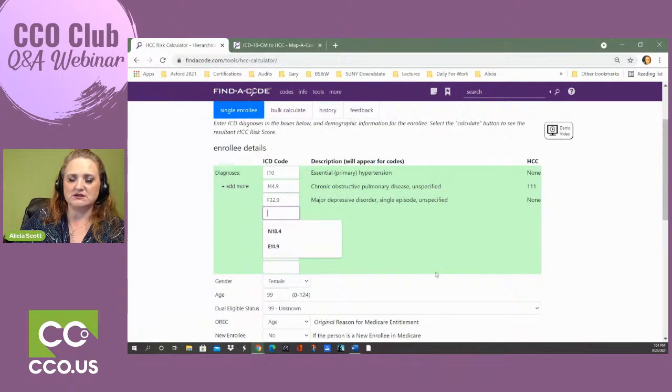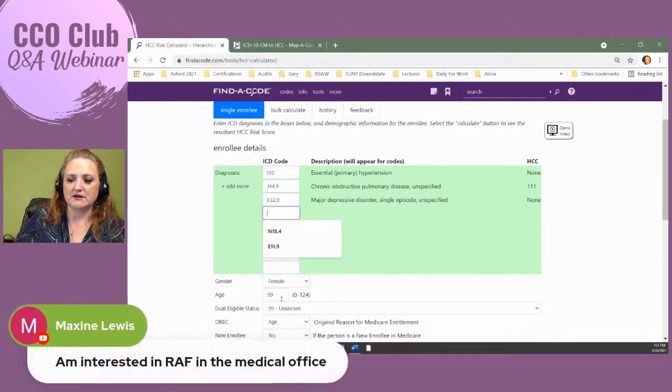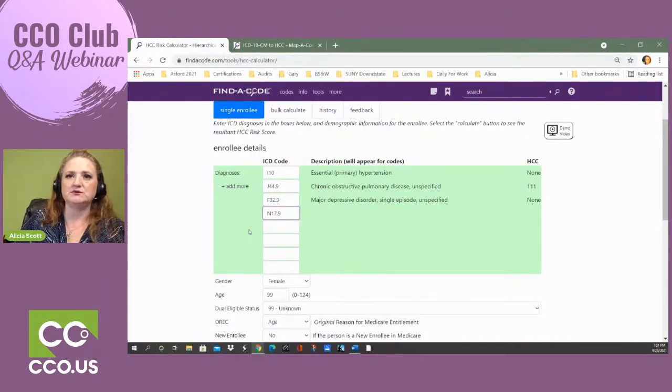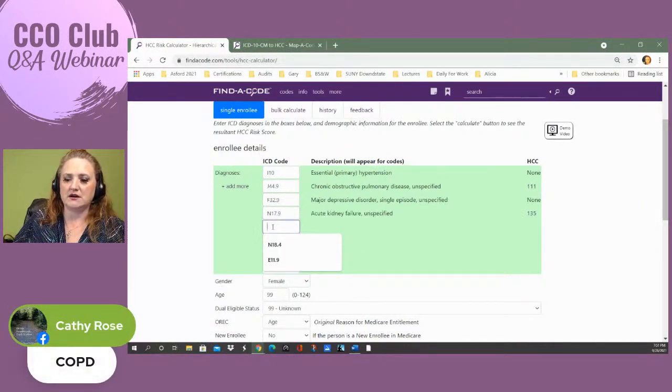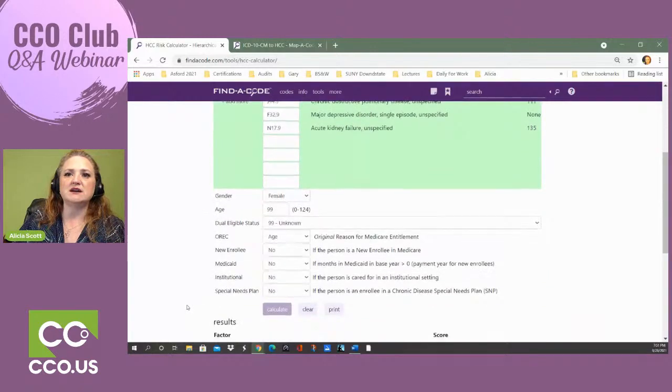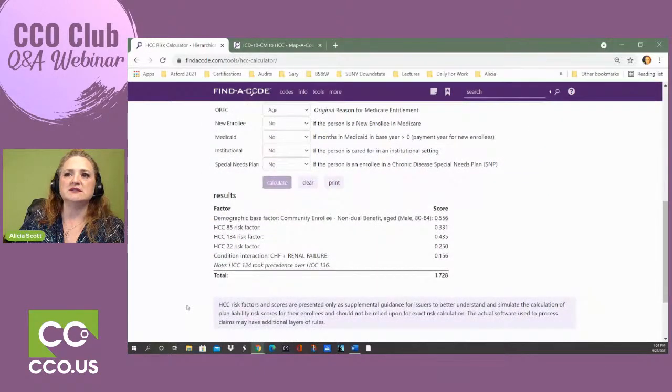And what else did we do? N17.9 acute. And I think that's all we did. Okay. So we'll say it's a female, 99 years old.